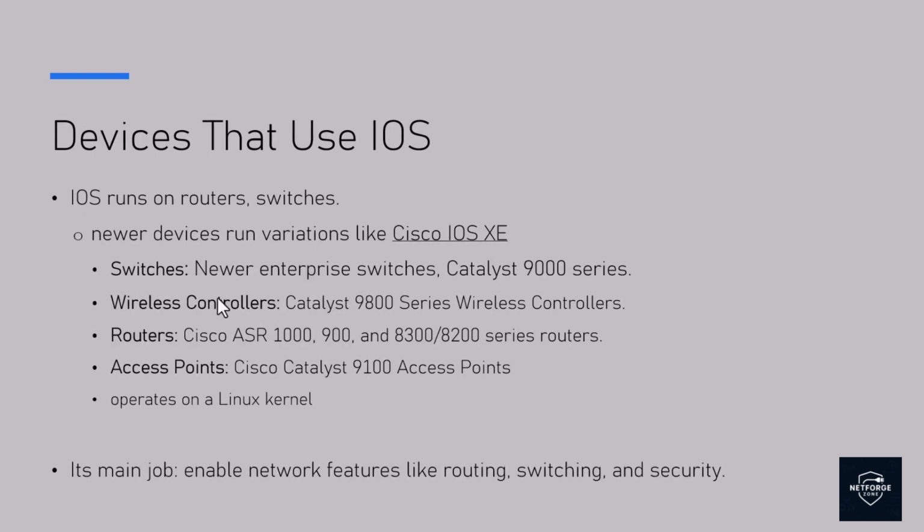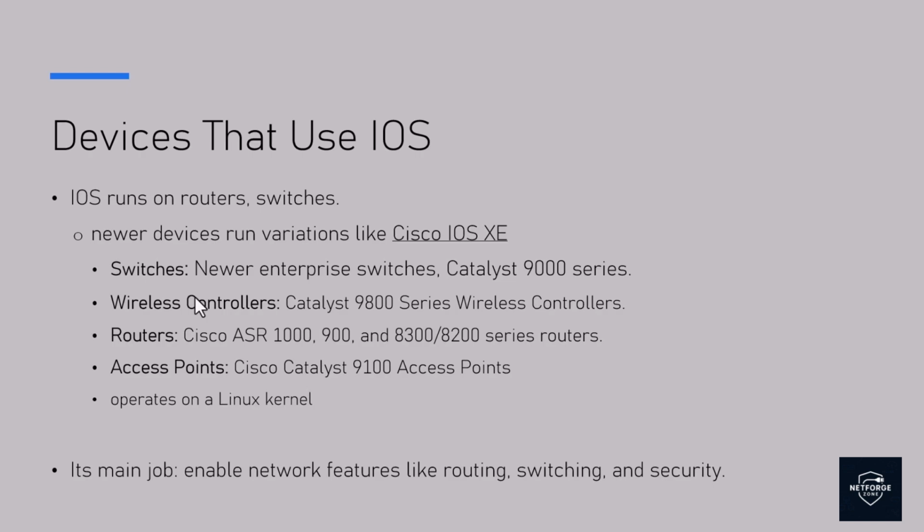IOS runs on routers and switches, so we are going to take a look at IOS and the syntax. You have seen this before, but you're going to be much more familiar with it. Newer devices run on IOS XE. There's a difference between what we call regular IOS and IOS XE. Regular IOS does not have any kernel.